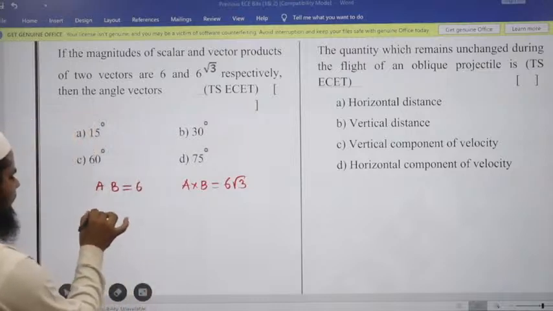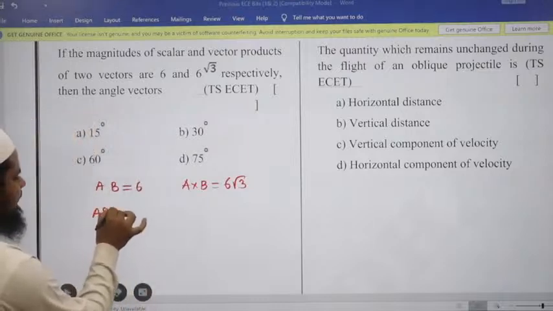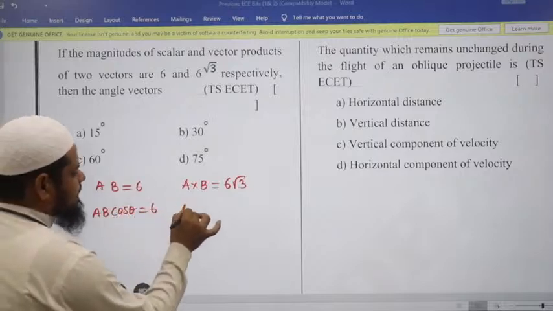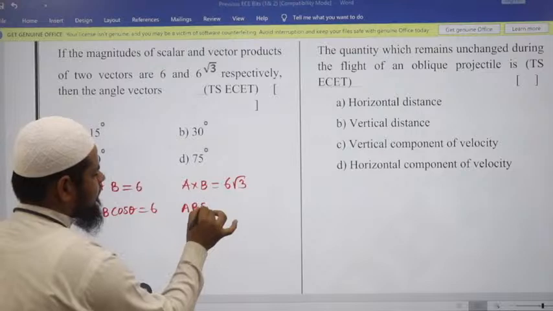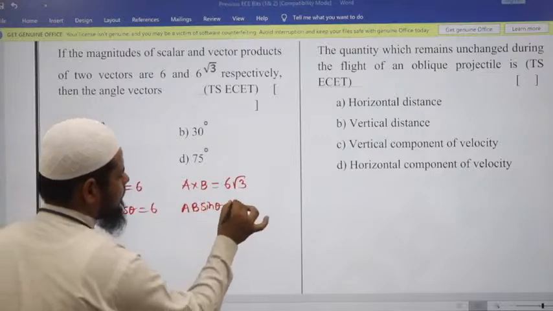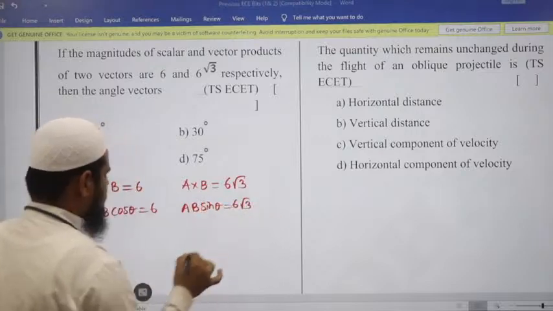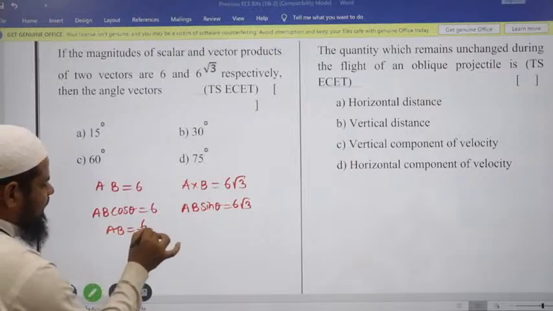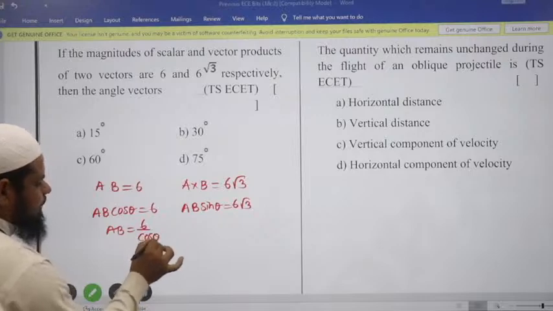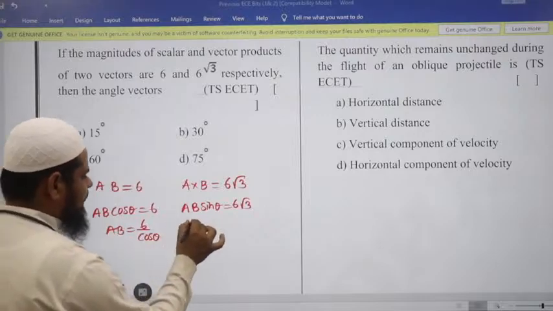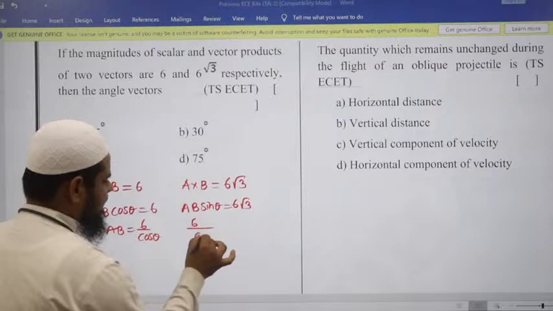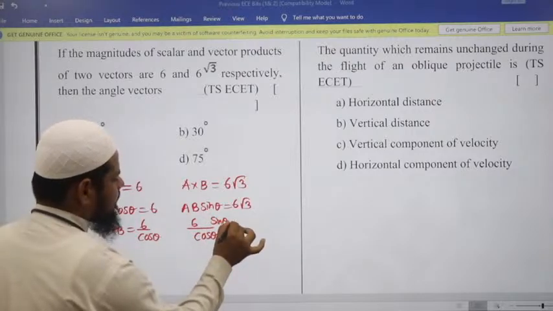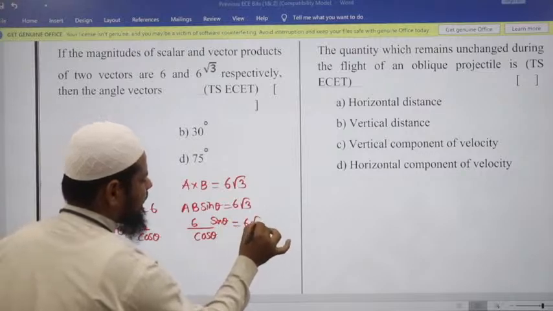What is A dot B? AB cos theta. And A cross B is AB sin theta. So AB is 6 by cos theta. I can substitute it instead of AB: 6 by cos theta into sin theta is equal to 6 root 3.